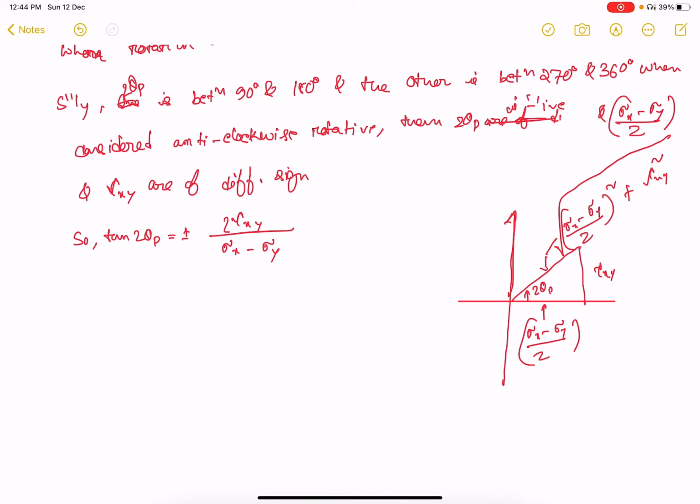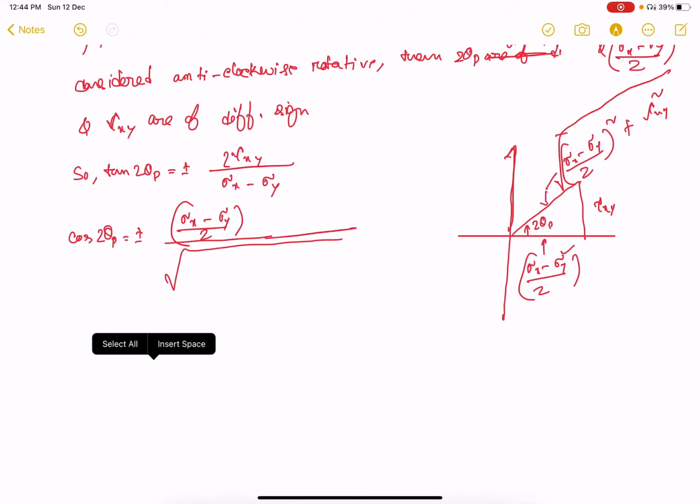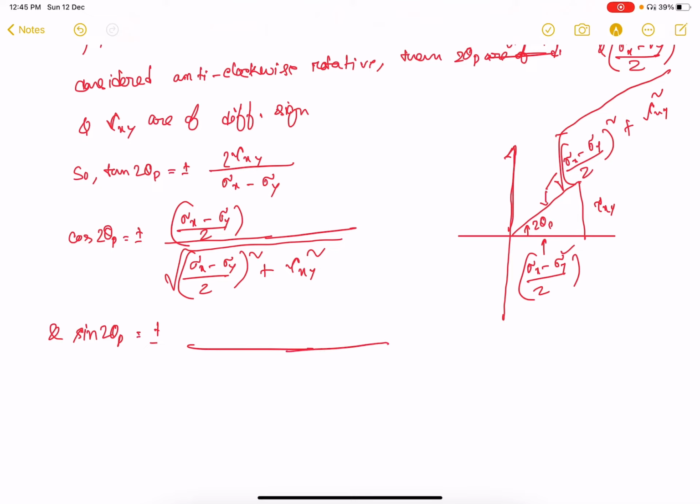Then cos 2θp is again plus or minus ((sigma x minus sigma y) divided by 2) over the hypotenuse, and sin 2θp is equal to plus or minus perpendicular over hypotenuse.